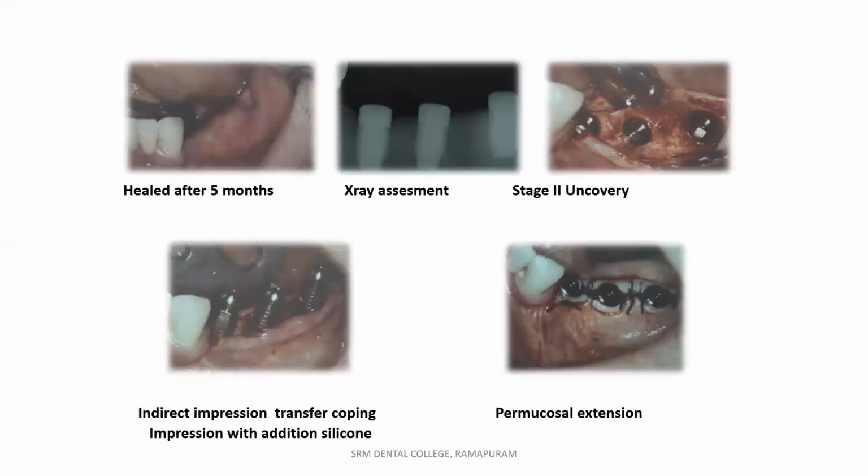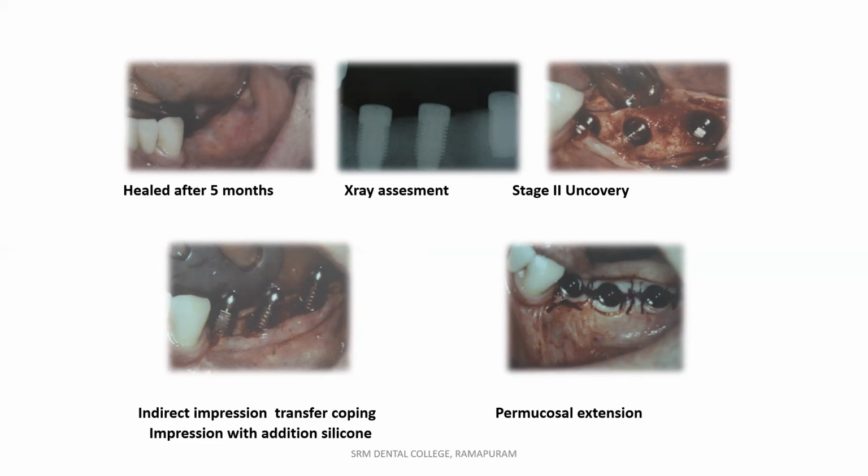So this is a generalized example of how the implant surgery goes on. Once the implant has been placed and healed after 5 to 6 months, the status of the implants will be assessed using X-rays, and stage 2 will involve uncovering of the periosteal flap and recovering the cover screws. And once it has been identified, the indirect impressions will be done using the transfer copings and the impressions made with the silicone material.